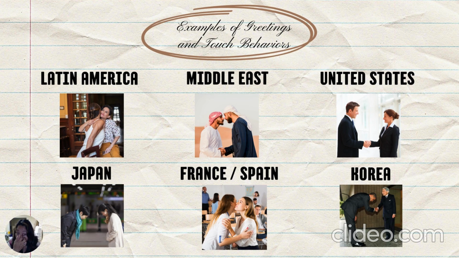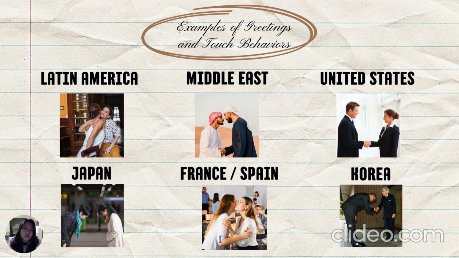Also, in Japanese culture, they bow instead of shaking hands, touching as minimally as possible in public settings. In France or Spain, two cheek kisses are common in the greeting.